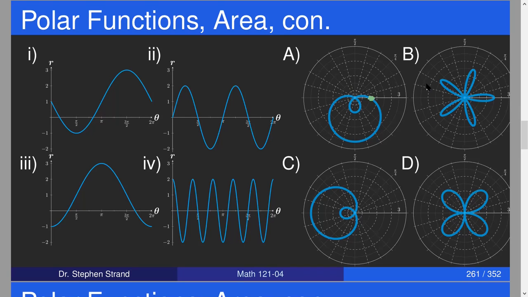But let's look at the rest of it to make sure it matches. When we are at pi over 2, we are going to be at a radius of -1. Pi over 2 is this angle here on the graph, and the radius is down at -1. So we're going to say that this has got to be graph A. That seems pretty clear.